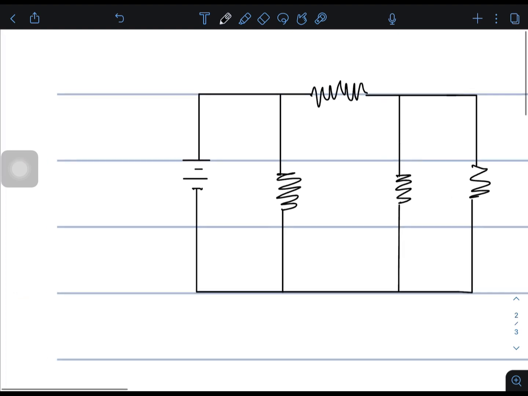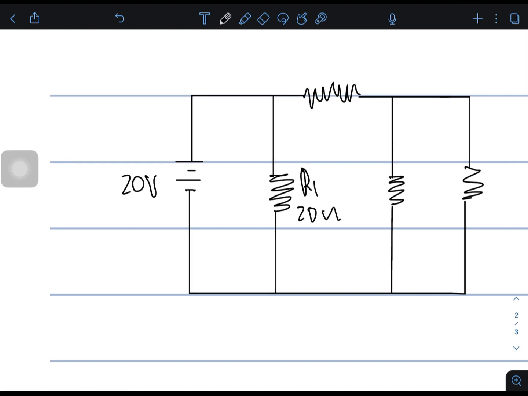We're given 20 volts. We are given R1, which is 20 ohms. Then we are given R2, which is 12 ohms. We are given R3, which is 8 ohms.